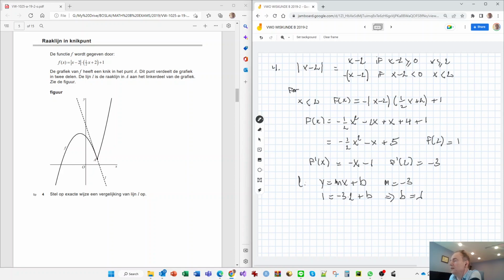And the line becomes minus 3x plus 6, which again roughly makes sense here, just as a double check.